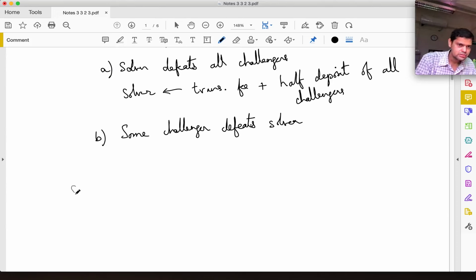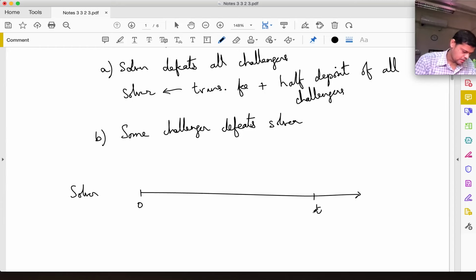So that's not what TrueBit is going to do. So suppose, let's say this is the execution trace like we saw above. And let's say we found that the solver state is wrong at this place, and this is the challenger.